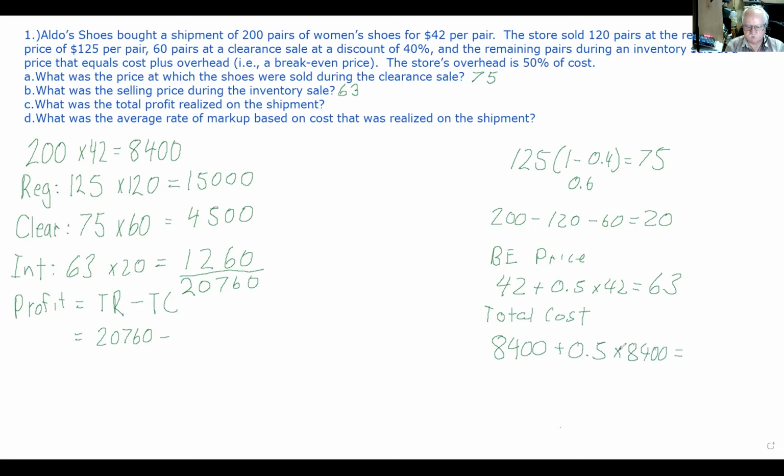That's going to be their total cost. So 0.5 times 8,400 plus 8,400. I'm getting 12,600.